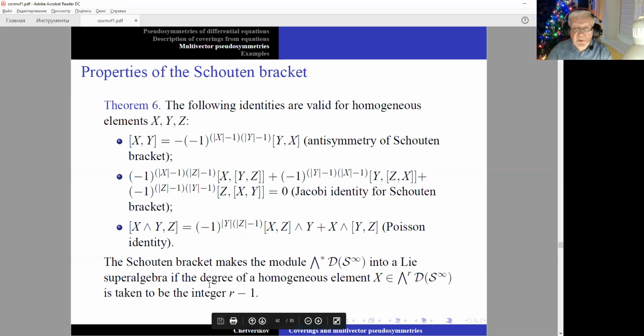The Schouten bracket makes the module of vector fields entirely a superalgebra if the degree of a homogeneous element is taken to be the integer r minus 1.